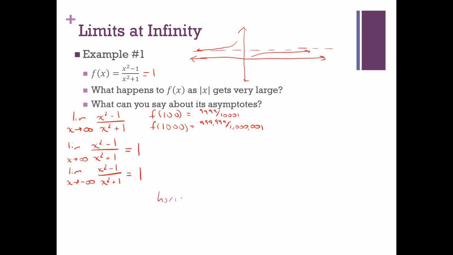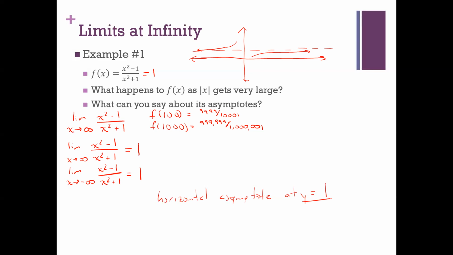So I got a horizontal asymptote. And I heard someone say horizontal asymptote at 1. But I want to be a little more specific than that. Yeah, y equals 1. Even though you said horizontal, I'm sure you thought it even if you didn't say it, but I have a horizontal asymptote, y equals 1.